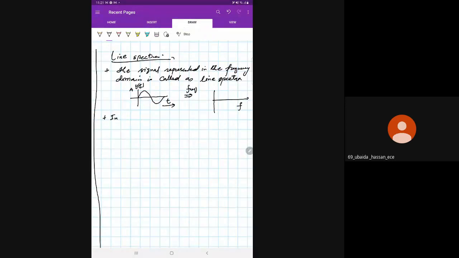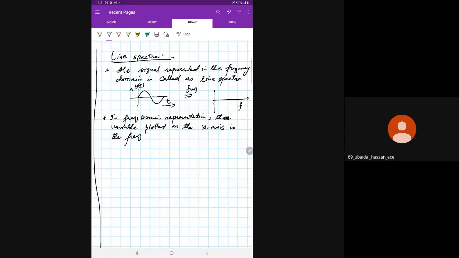So in frequency domain representation, the variable plotted on the x-axis is the frequency. You have to remember this thing.